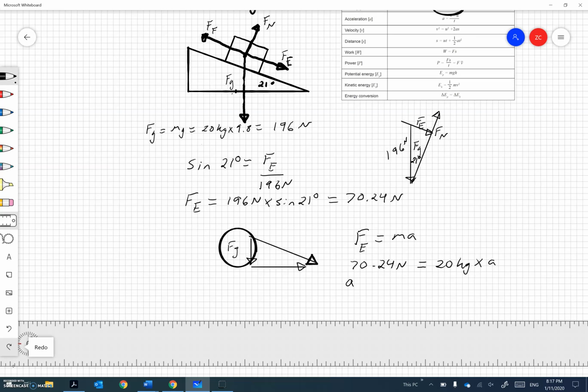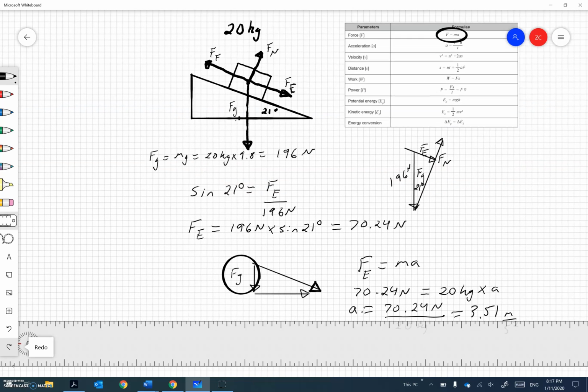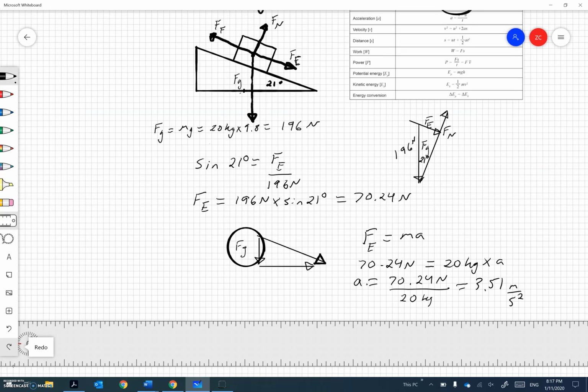So our acceleration going down the slope is equal to 70.24 newtons over 20, which is equal to 3.51 meters per second squared. So that's the acceleration that this box is going to be going down the slope.